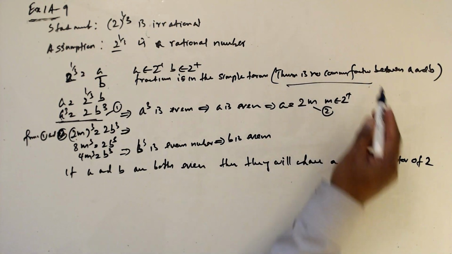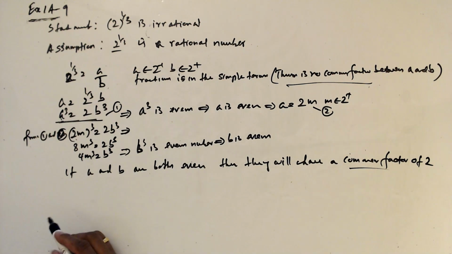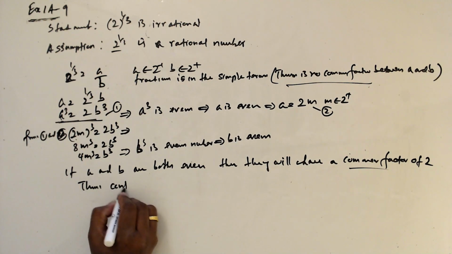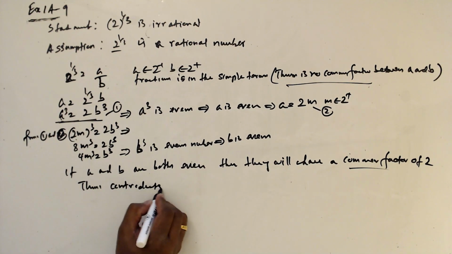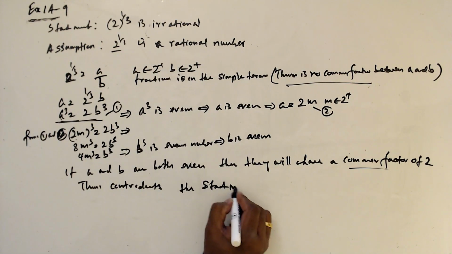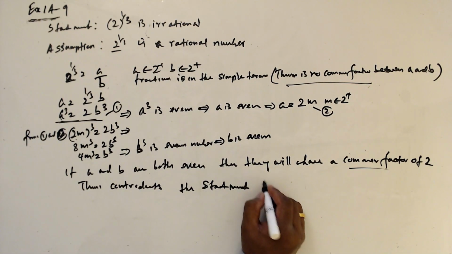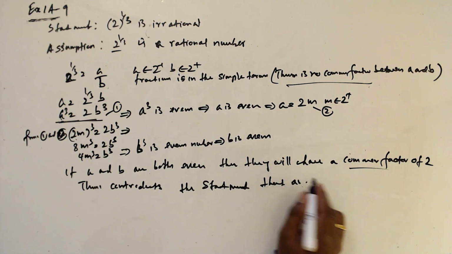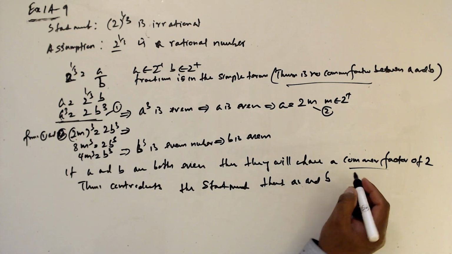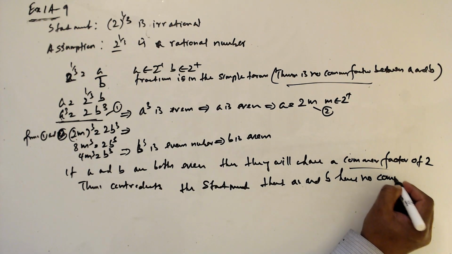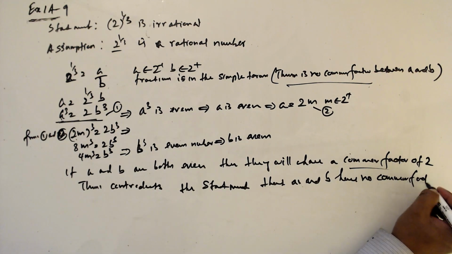There is no common factor, but now we come across a common factor of 2, which is a contradiction. So this contradicts the statement that A and B have no common factors.